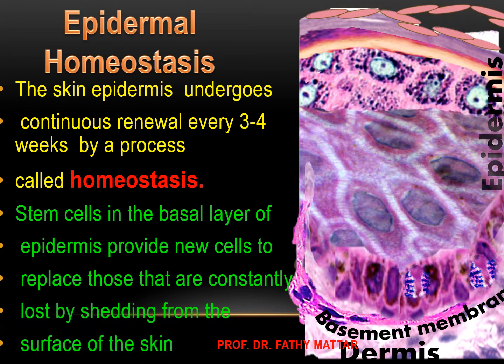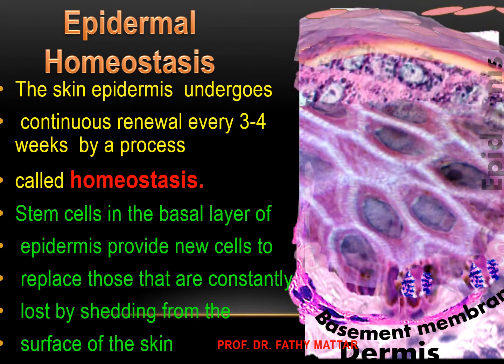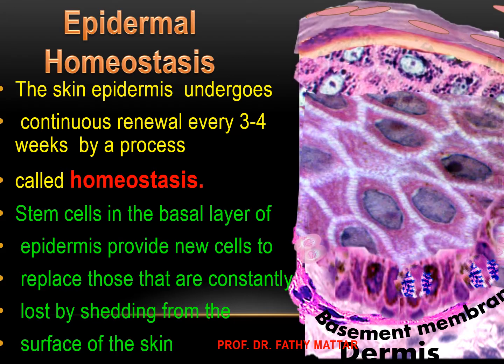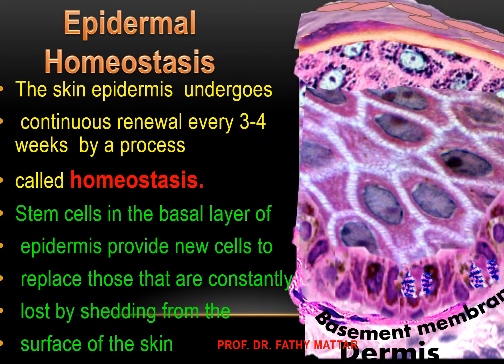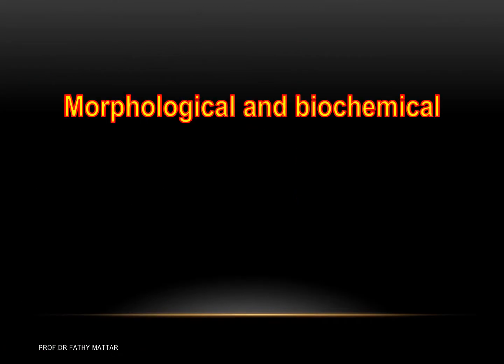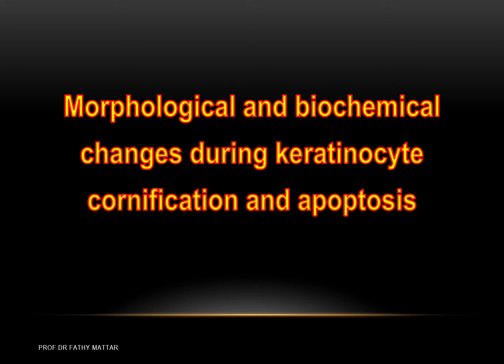Stem cells in the basal layer of the epidermis provide new cells to replace those that are constantly lost by shedding from the surface of the skin. How does this occur? We'll talk about the morphological and biochemical changes during keratinocyte cornification and apoptosis.